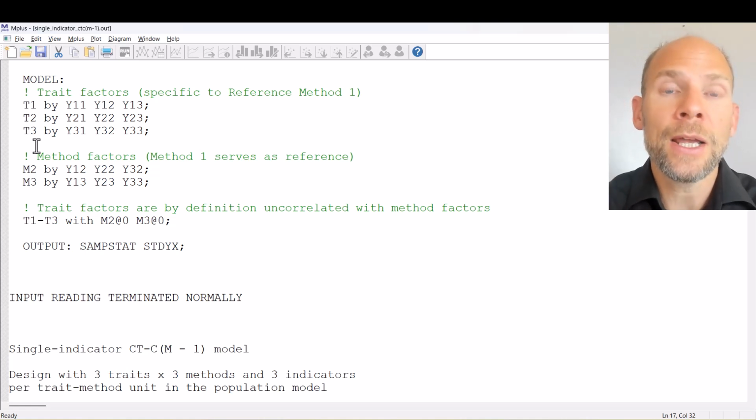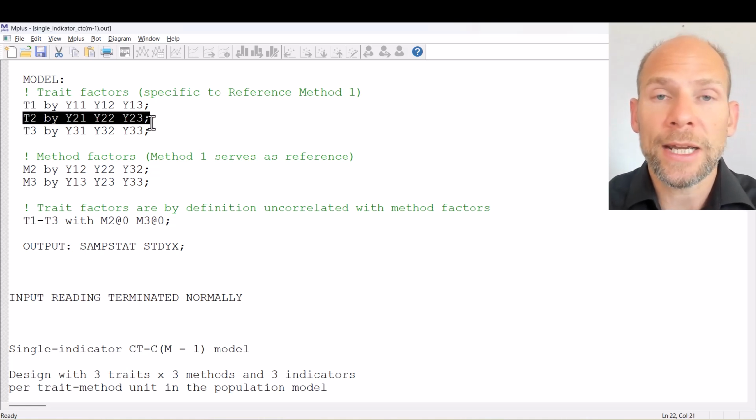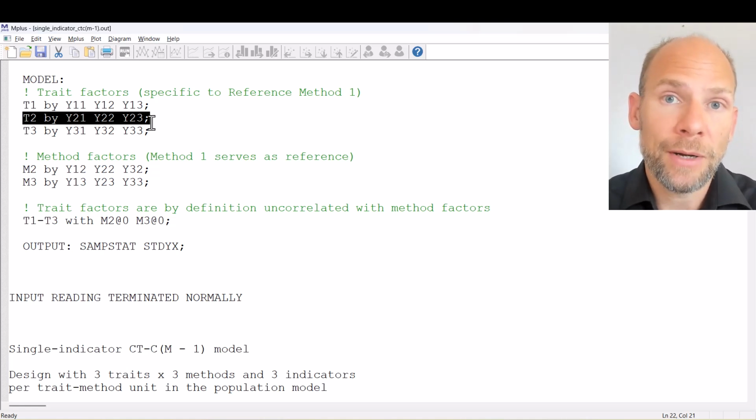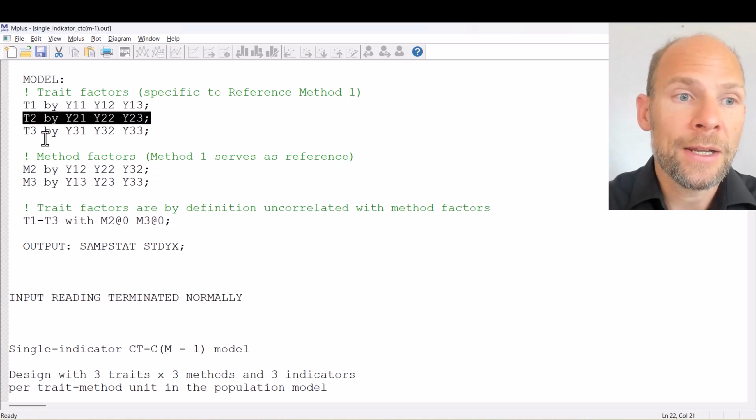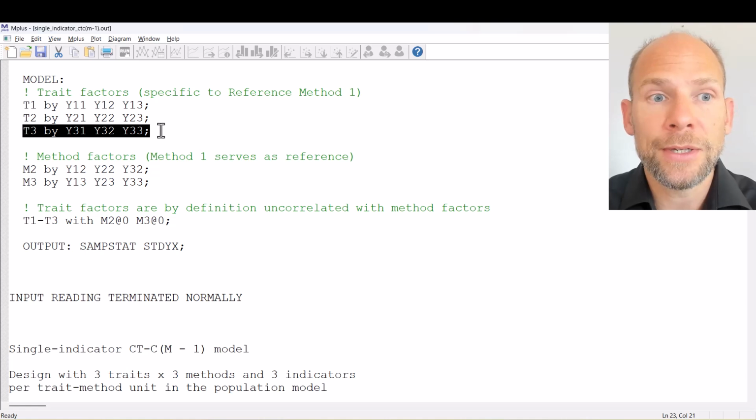So those are the 3 indicators of anxiety. First is self-report, second is parent report, third is peer report. And then next is the second trait, for example, extraversion, again with the indicators from the self-report, the parent report, and the peer report. And then we have the third trait, for example, happiness, again measured by the 3 different rater types.